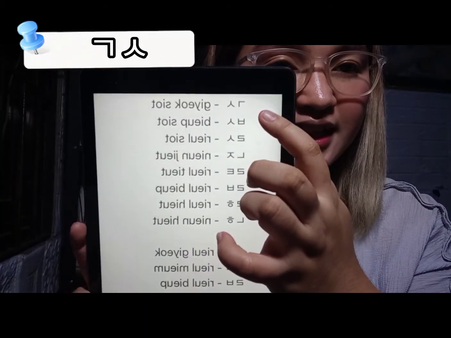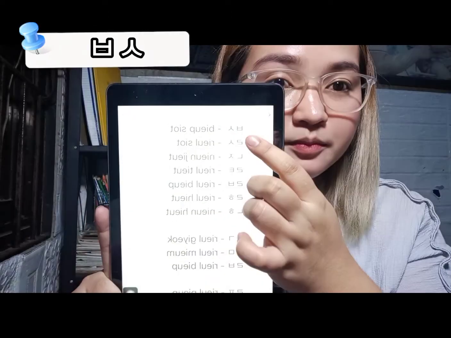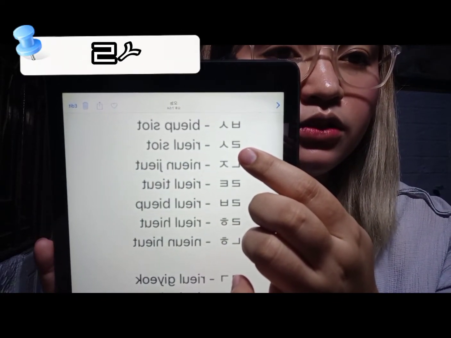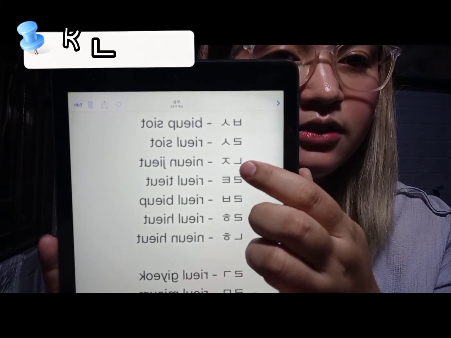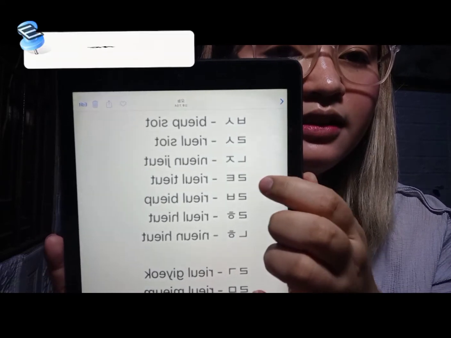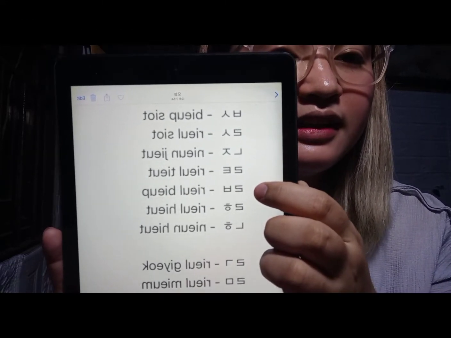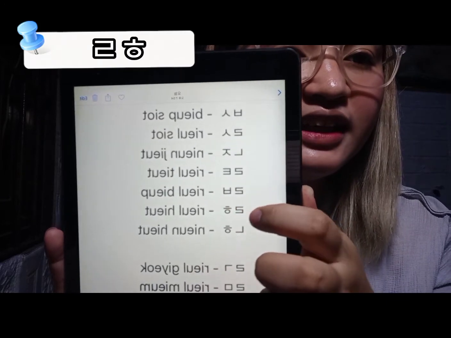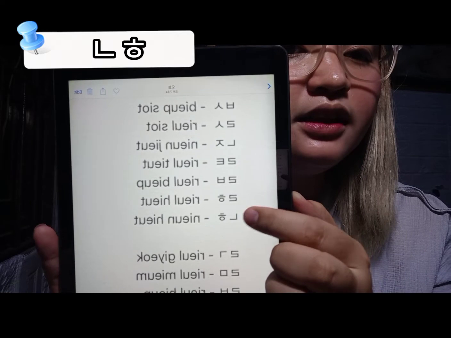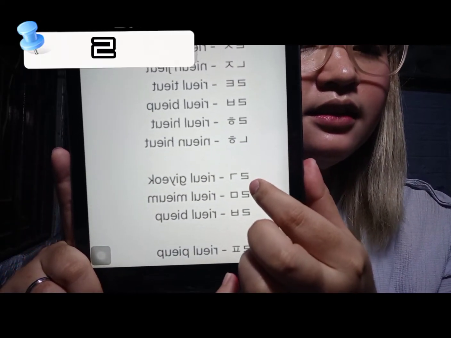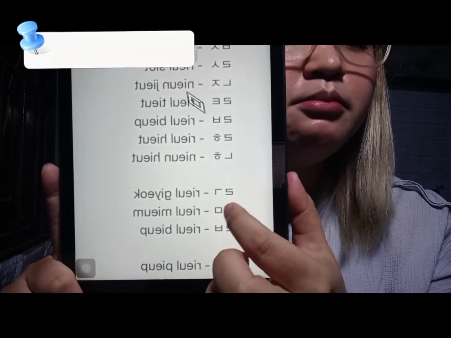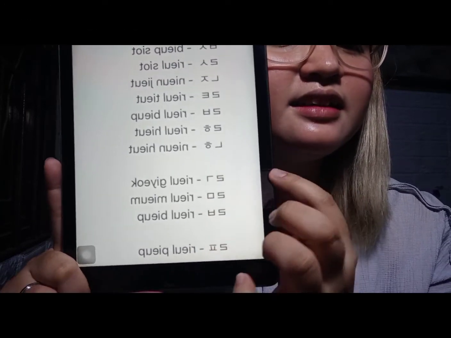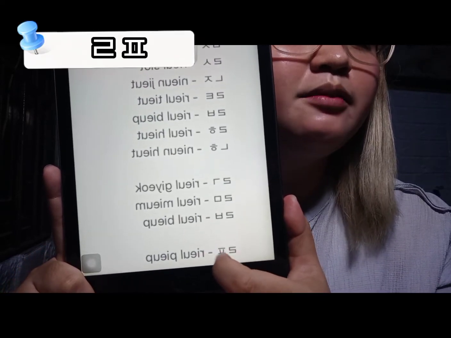Kiyok shiyut, piyup shiyut, riyul shiyut, niyan shiyut, riyul tiyut, riyul piyup, riyul hiyut, niyan hiyut, riyul kiyuk, riyul miyum, and last is riyul piyup.